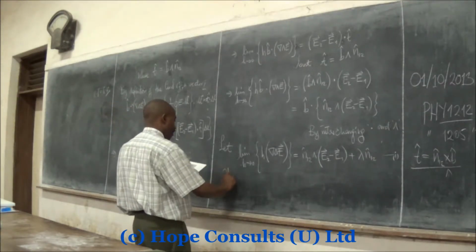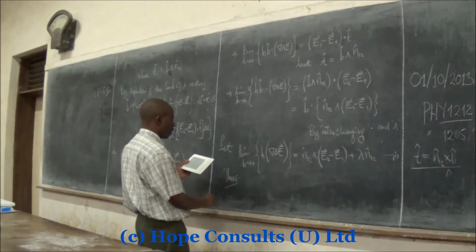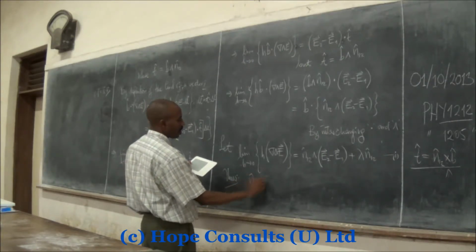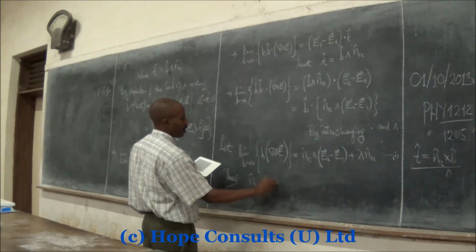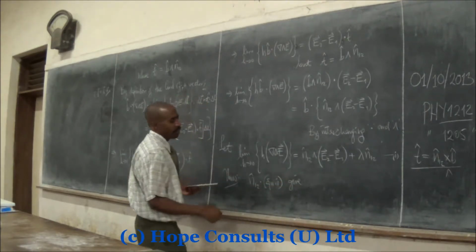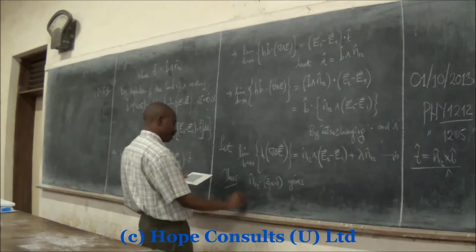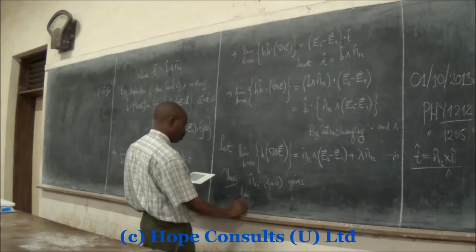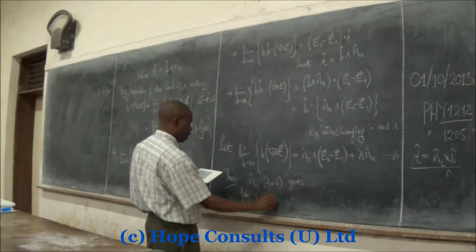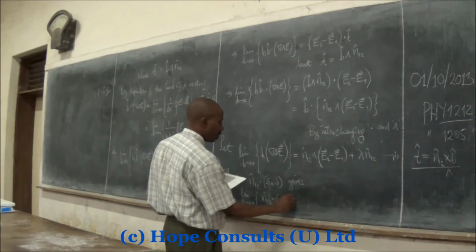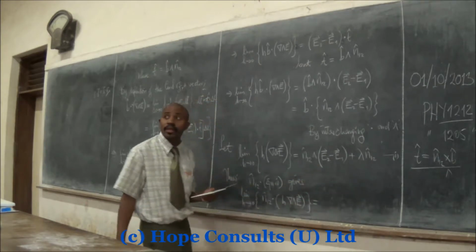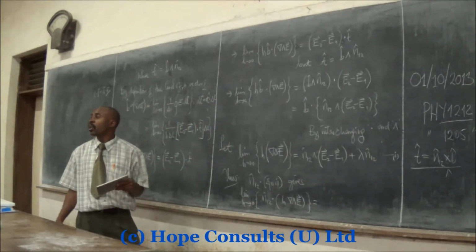Thus, if we dot N12 roof with equation 1, we shall yield the limit as h tends to 0 of N12 roof dot h, the curl of E, equal to, if we dot N12 and N12, we multiply by their magnitudes.